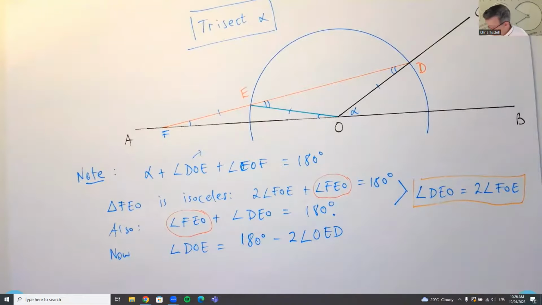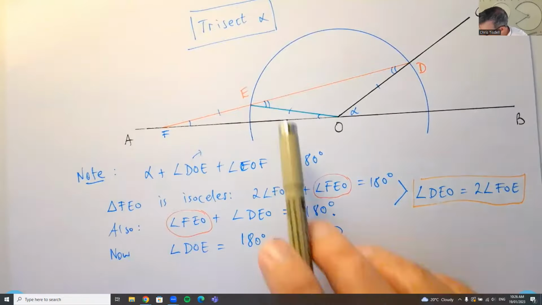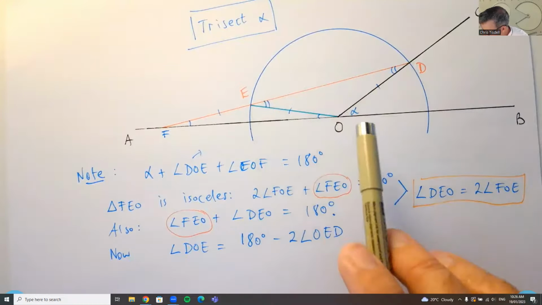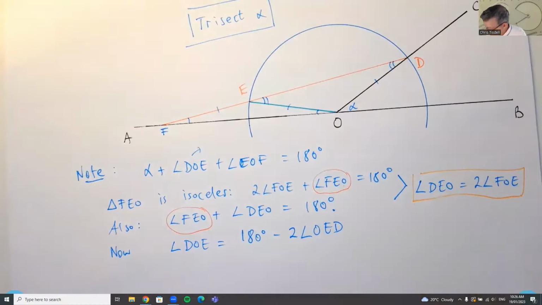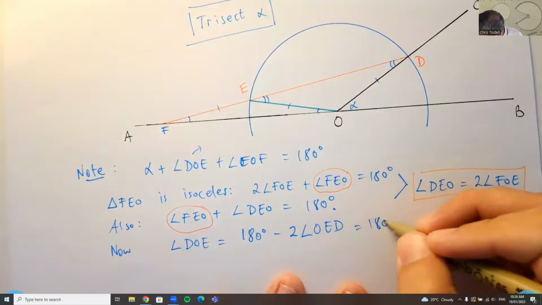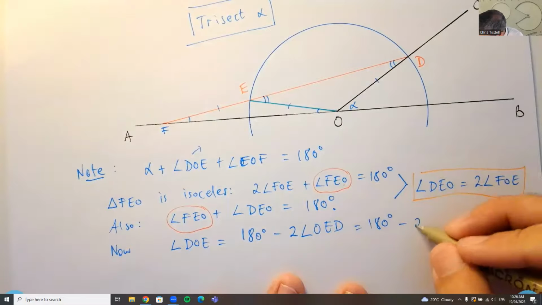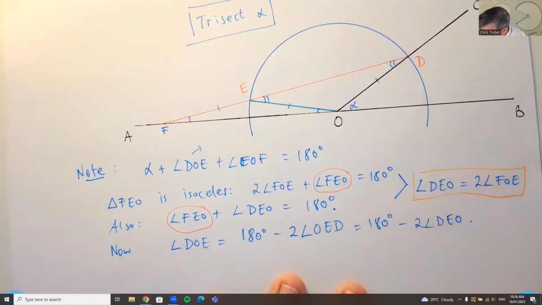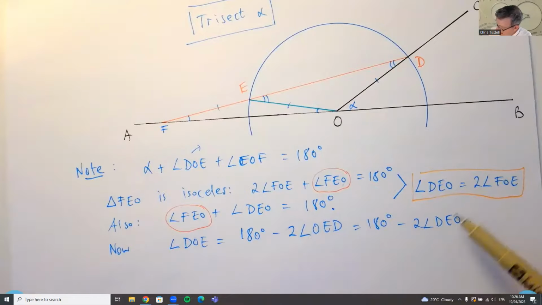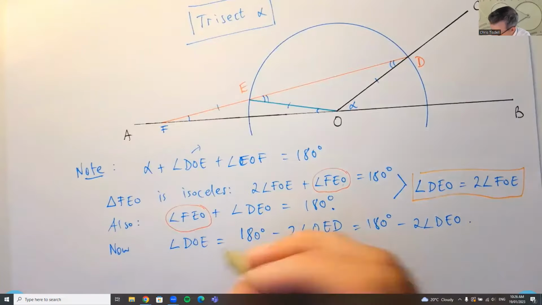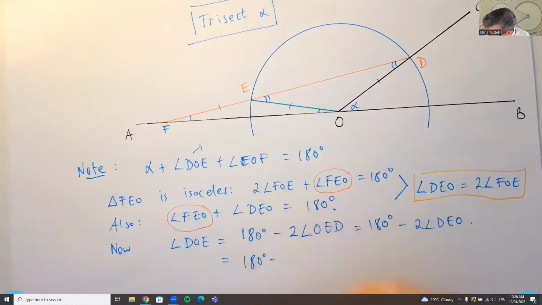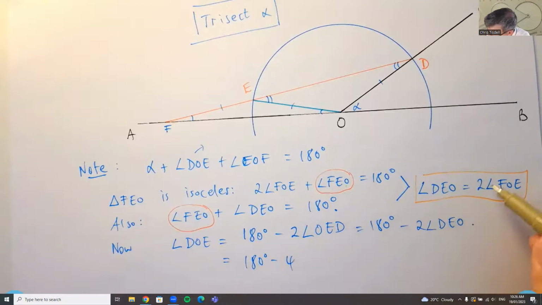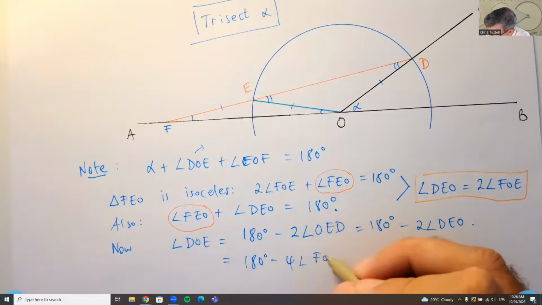Okay, so now angle DEO and OED are the same, right? So now I can get that into here and go, okay, well, it's 180 degrees minus 4 times angle FOE.